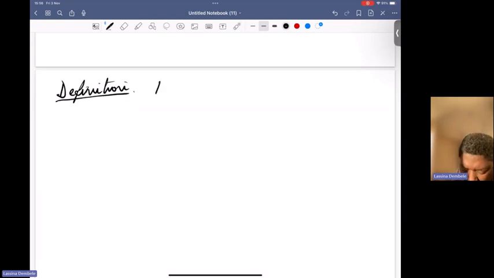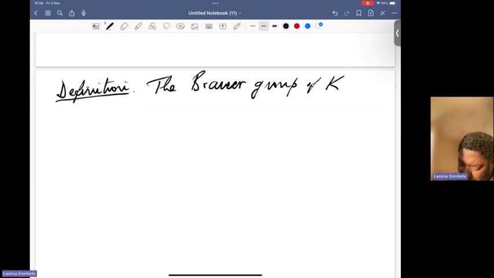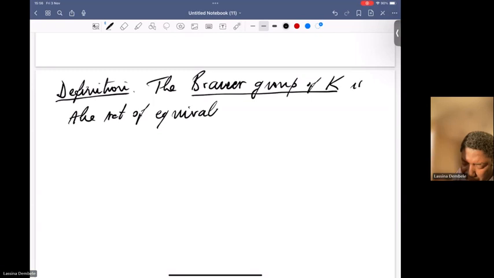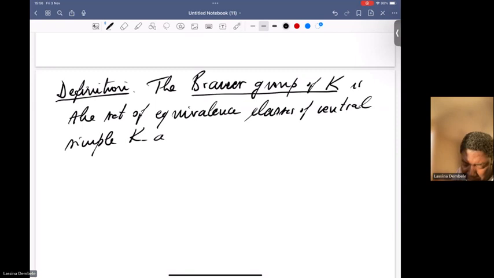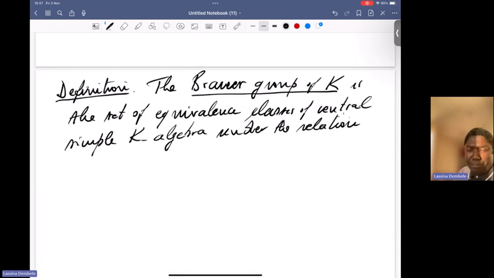So the Brauer group of the field K is the set of equivalence classes of central simple algebras under the relation above.